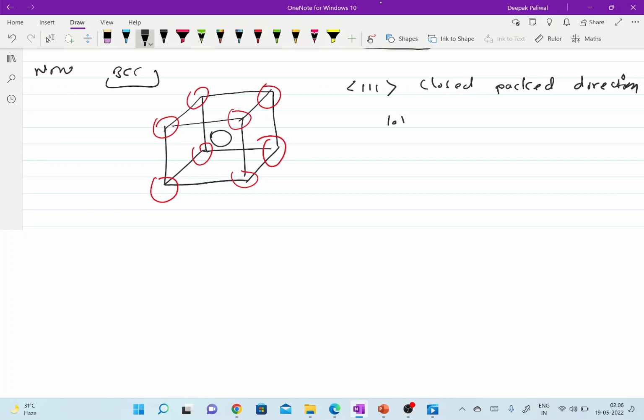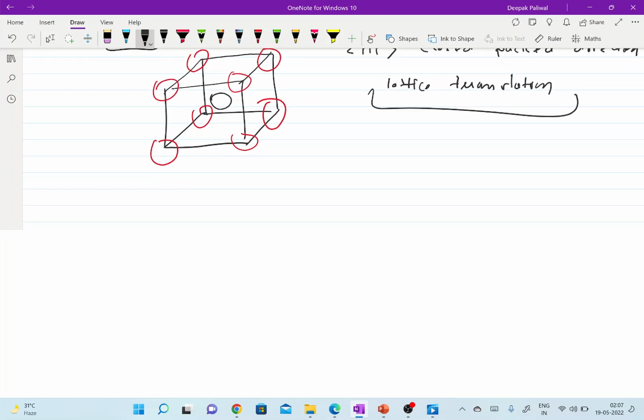Again, the lattice translation represents the movement of an atom such that all the symmetries remain conserved.